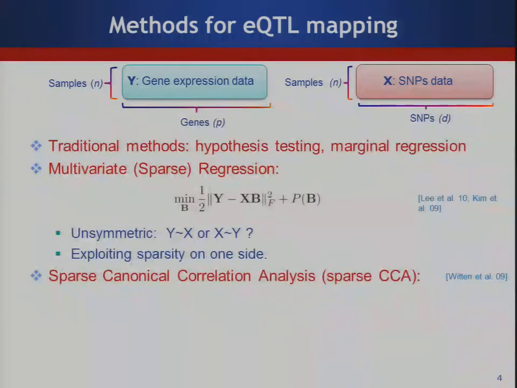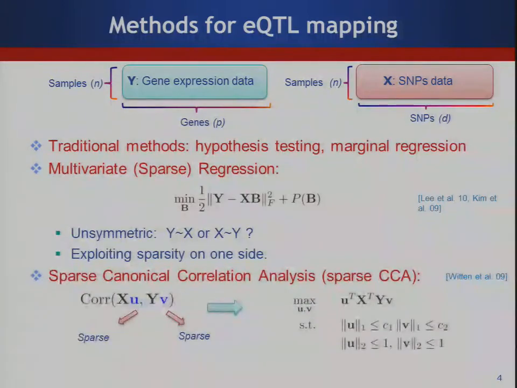So then we resort to another recently proposed method by Witten, Tibshirani and Hastie, the so-called sparse CCA, which is a more symmetric way to study this problem. Basically, you find two sparse vectors, U and V. You project X on U and Y on V, and maximize their correlation.